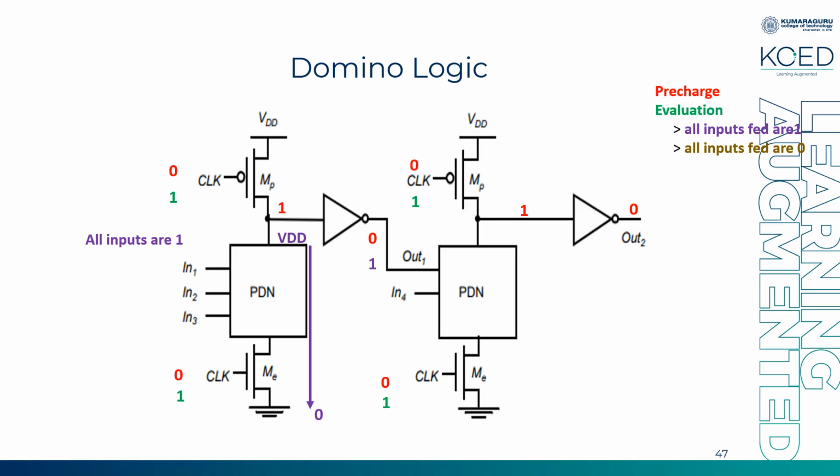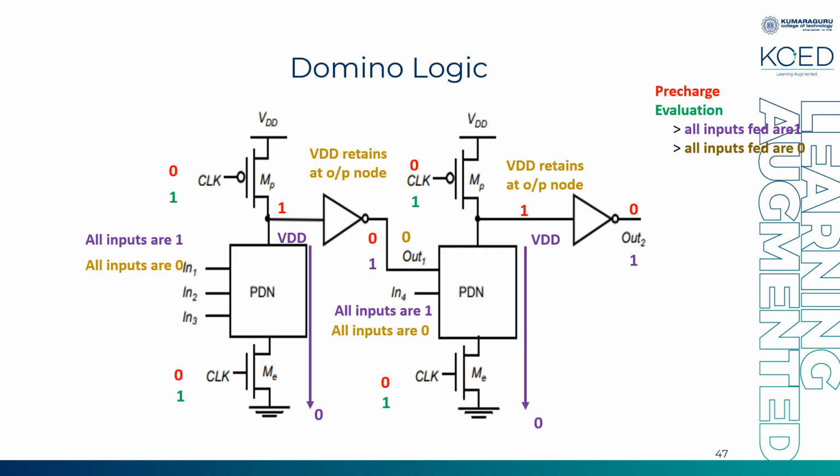And if it is going to 0, output of inverter will be 1. Now again in this case all inputs are 1. What happens? Again the output of second stage also will be drained to ground. Output of inverter will be 1. So this is how it operates. All inputs are 0 அப்படின்னா the same VDD is retained at the output node, first stage and second stage as well.